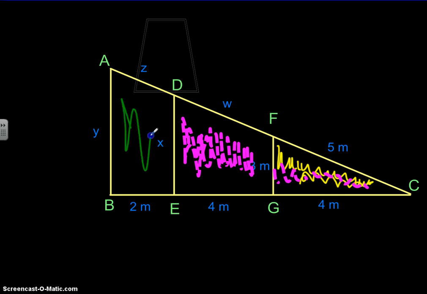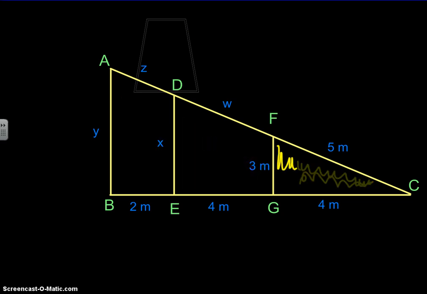Then we have this big triangle that extends that way. We have a triangle within a triangle within a triangle, and it's hard to see sometimes, okay? But notice this small triangle right here, I've got all the side lengths for, and I'm going to use that for my proportion, okay?